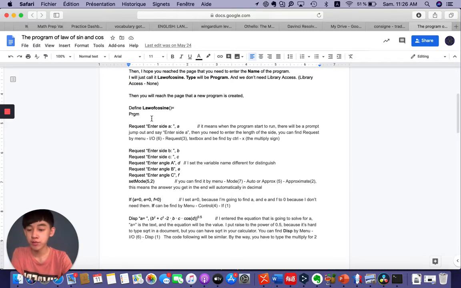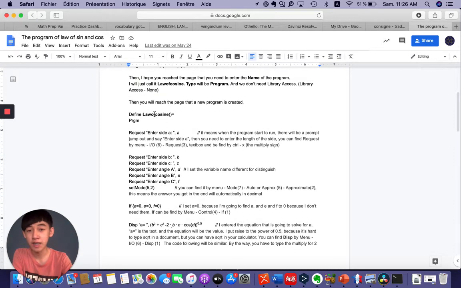First you can see define law of cosine, which is the name that you give to your program. So here is law of cosine, brackets, equals, and PRGM stands for program, and these are already there automatically.